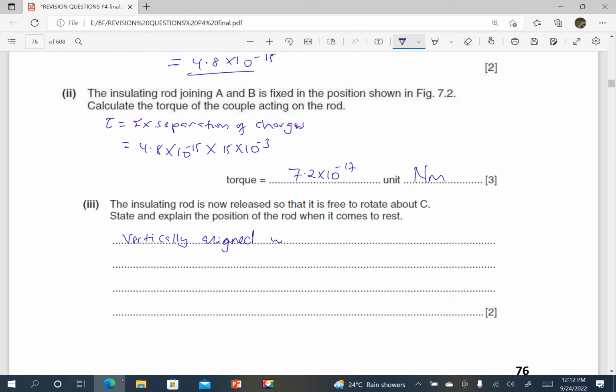Vertically aligned with A at the top, next to the positive plate, and B at the bottom, next to the negative plate.